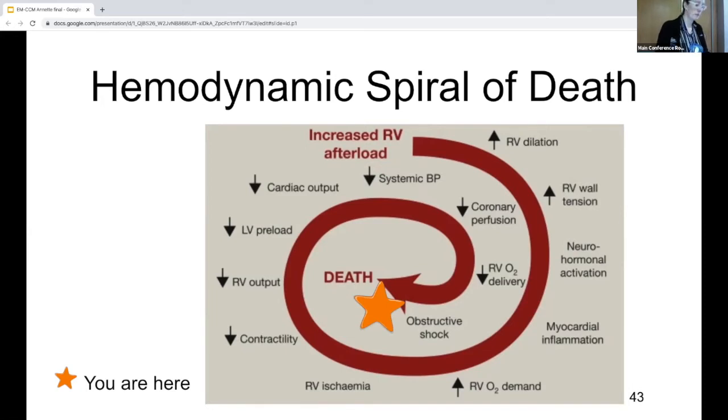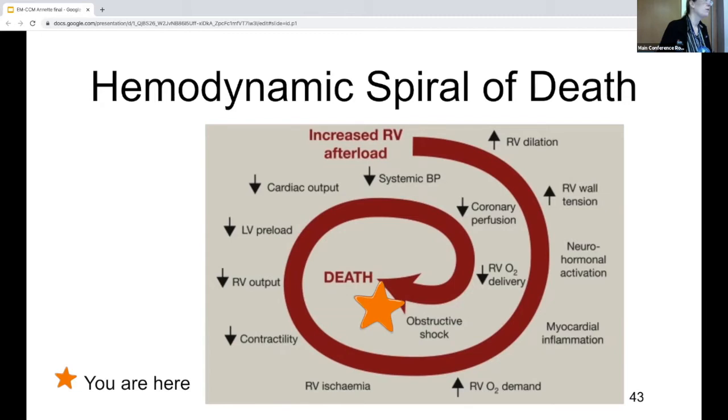Another result is myocardial inflammation, increased oxygen demand for the right ventricle, and subsequently right ventricular ischemia. The next step is a decrease in right ventricular contractility, right ventricular output, and subsequently also left ventricular preload.